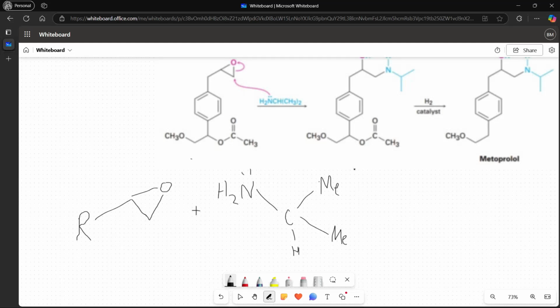Now, as I said earlier, the first step is your protonation, right? So the H here of your amine group is going to donate its H first onto this carbon over here. Okay? So it's going to attack this side. But let's answer this one first. Why is it not going to attack here instead of this one? Okay? Because if it's going to attack here, it's just going to prolong the reaction further.